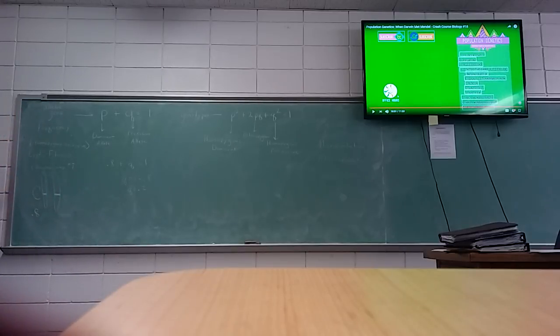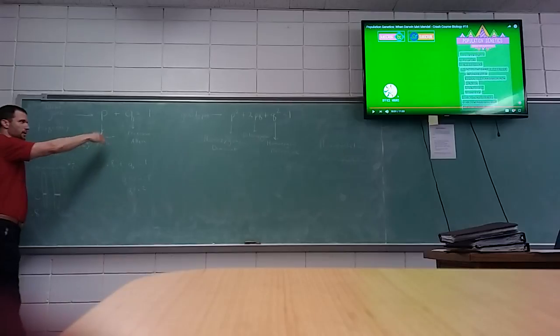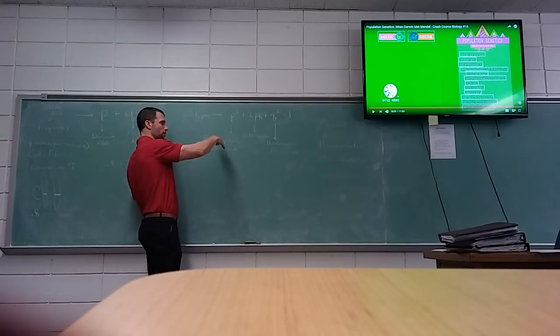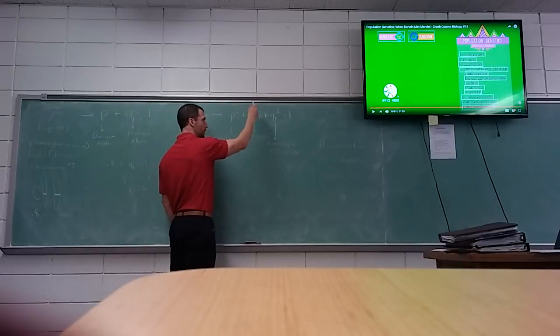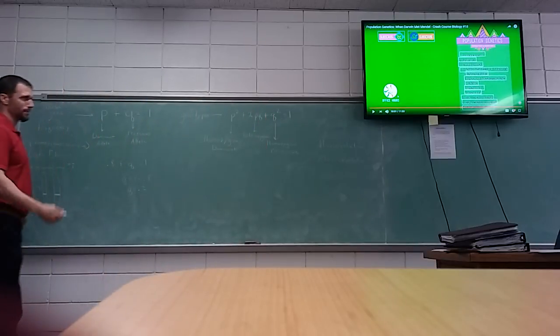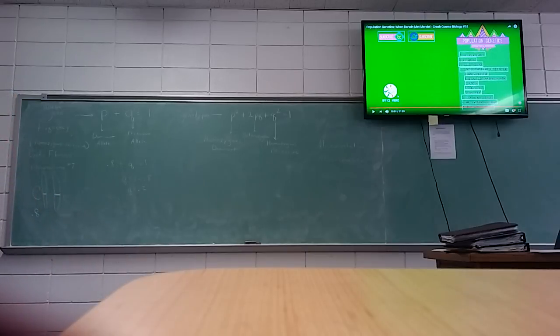So you just have to be able to, first of all, know the definitions of what the dominant allele is, the recessive allele, what it goes with, the homozygous dominant, what it goes with, heterozygous, what it goes with, homozygous recessive, what it goes with, and then just basic math, knowing how to square something and how to take the square root of something.